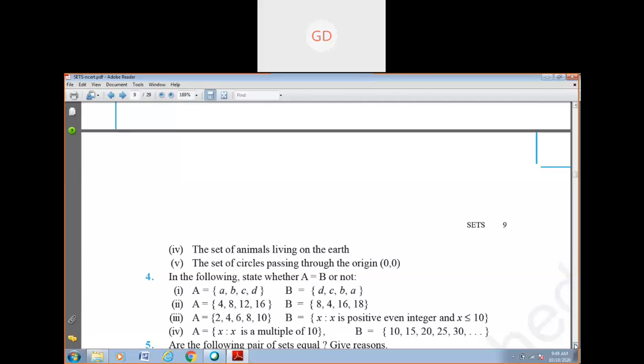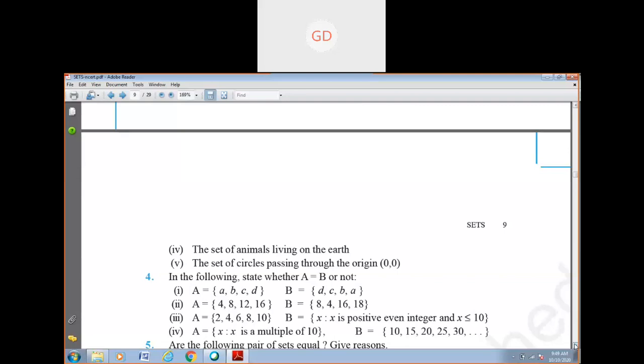After all, it is definitely finite. The set of circles passing through the origin: infinite, because through the origin we can draw infinitely many lines, so obviously we can consider infinitely many circles through the origin. So it is obviously infinite.